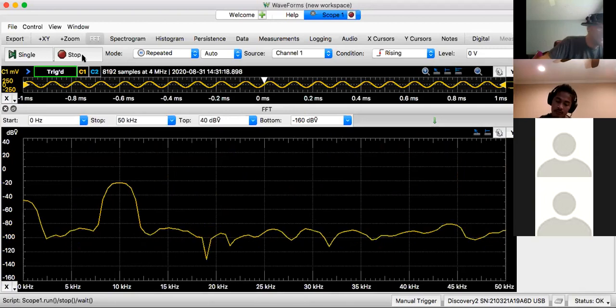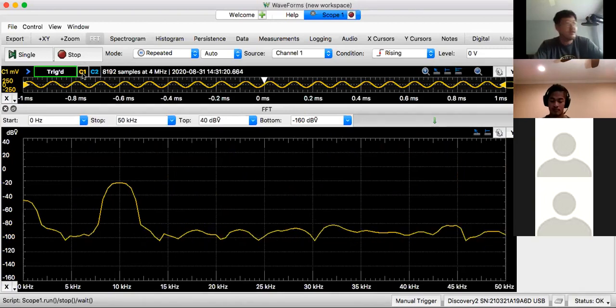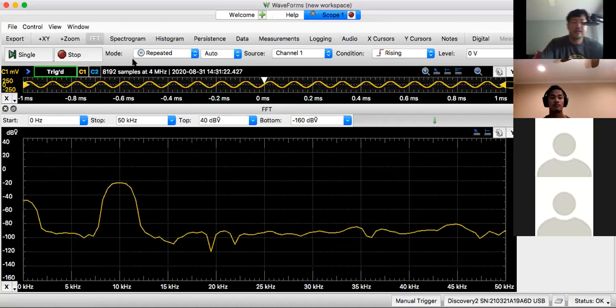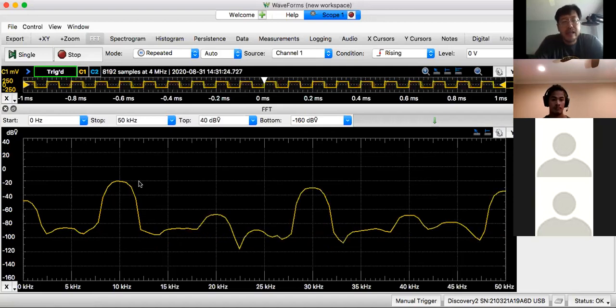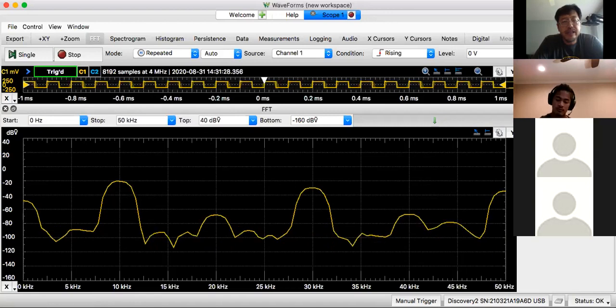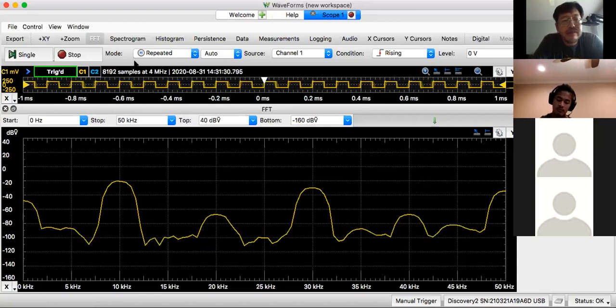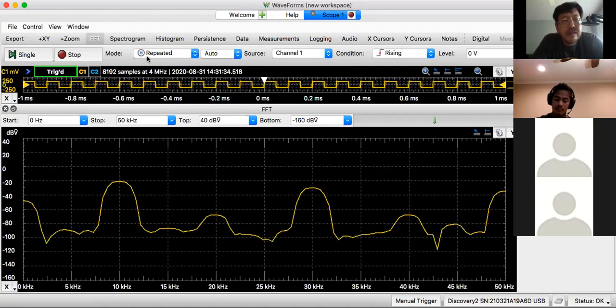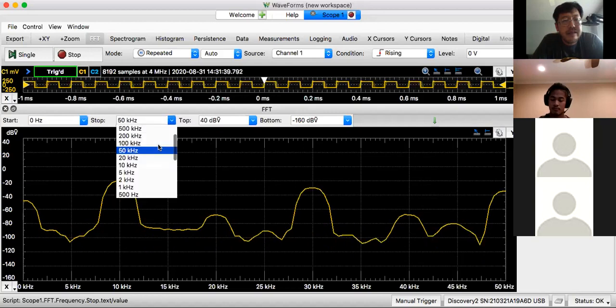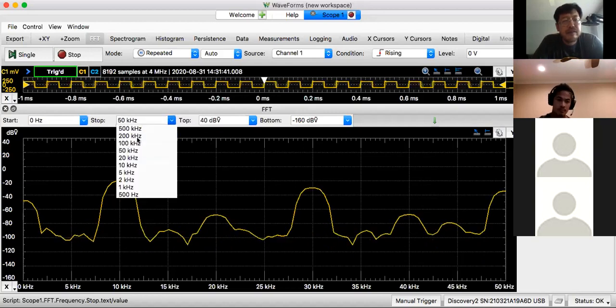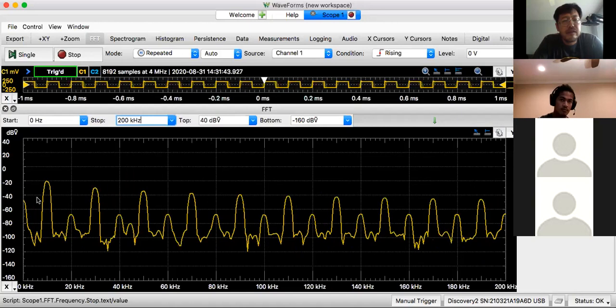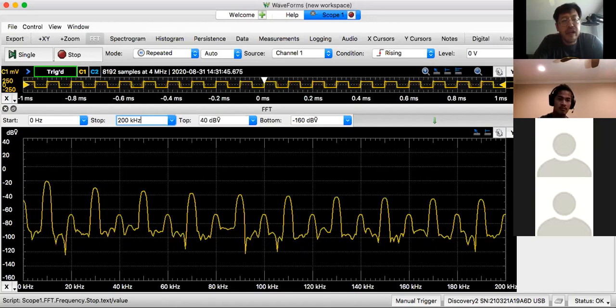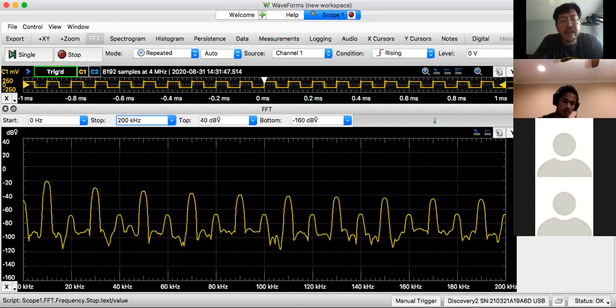A 10,000 hertz square, that's a square, has 1, 2, 3, let's keep it going. 50. How many? 1, 2, 3, 4, 5, 6, 7, 8, 9, 10.